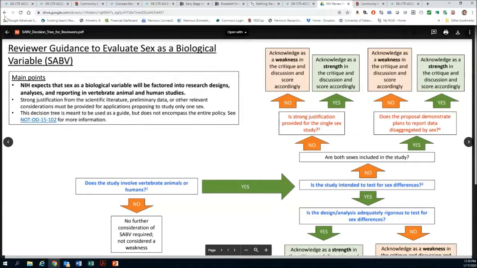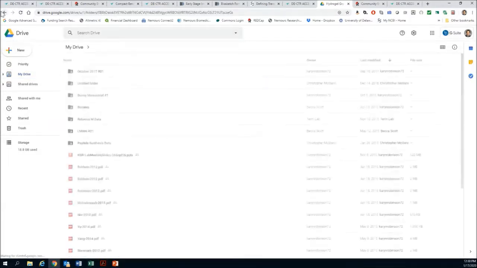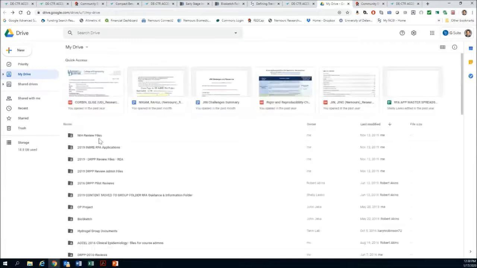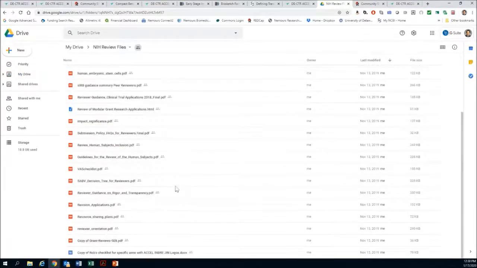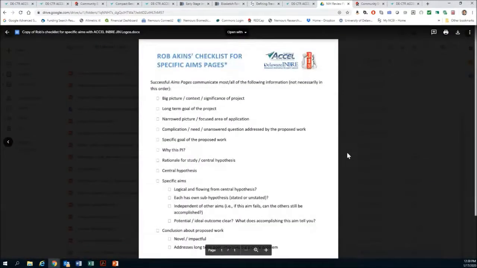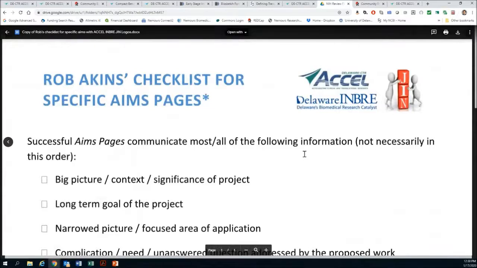In that folder, there's a particularly useful document on this. It's a checklist that I and others put together through CTR and INBRE on successful specific aims pages.